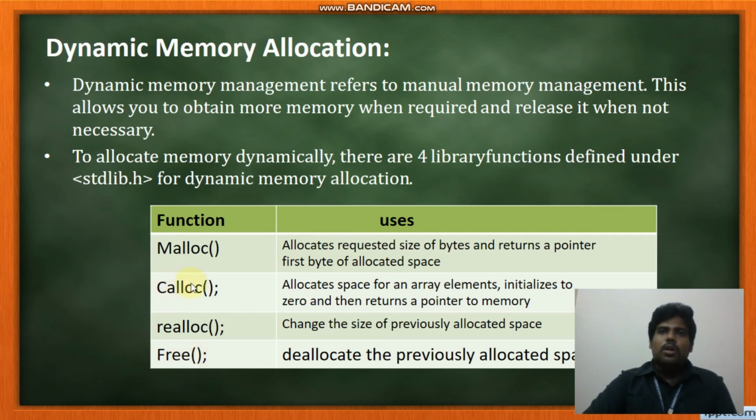So what are the four functions used in dynamic memory allocation? malloc, that is memory allocation, is used to allocate memory as per your required size. calloc means you allocate the memory continuously, all the memory blocks are initialized with 0, and the starting base address is given to the pointer.